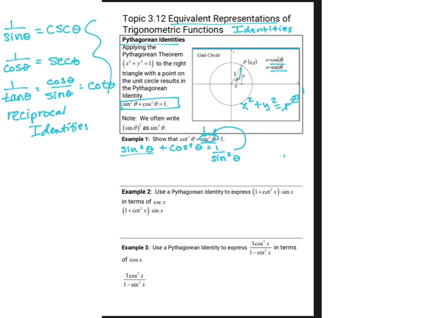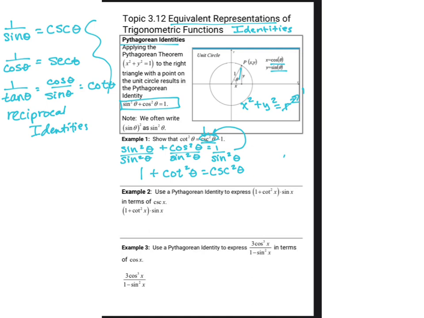So we divide sine squared theta by sine squared theta, and we divide cosine squared theta by sine squared theta. So what is sine squared theta over sine squared theta? 1. What's cosine squared theta over sine squared theta? Cotangent squared theta. And what was 1 over sine squared theta? Cosecant squared theta. Isn't that beautiful?